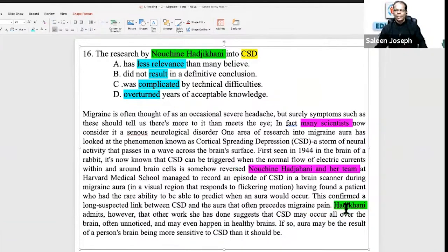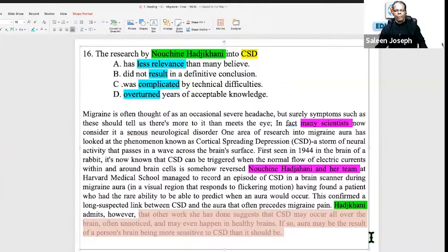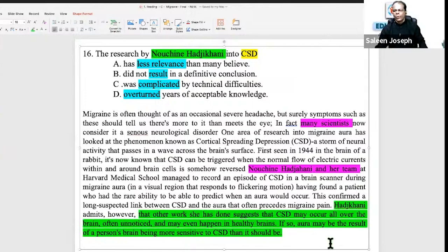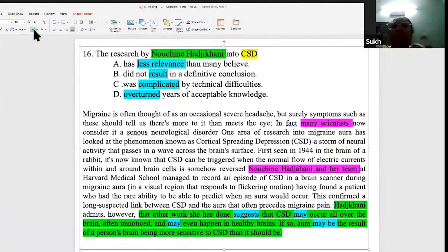So what comes after the name? That other work she has done suggests that CSD may occur all over the brain, often unnoticed, and may even happen in healthy brains. What is the modal verb 'may' indicating?